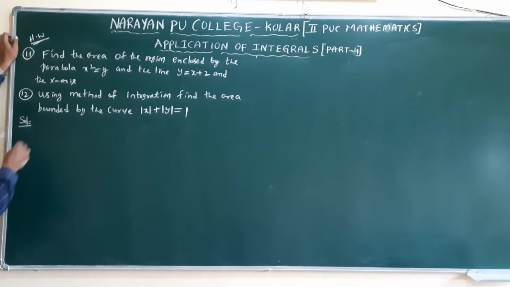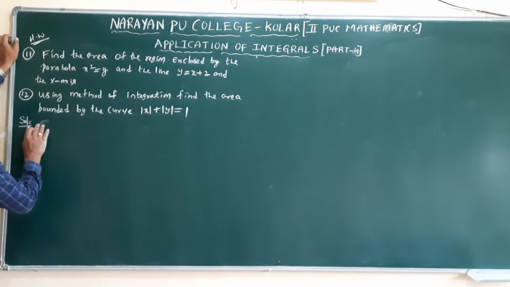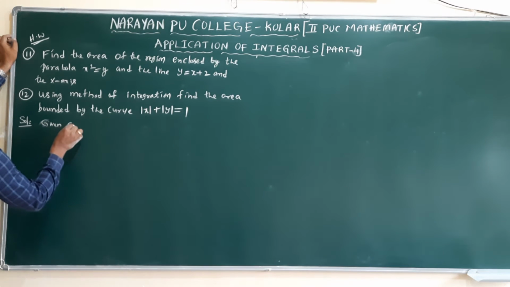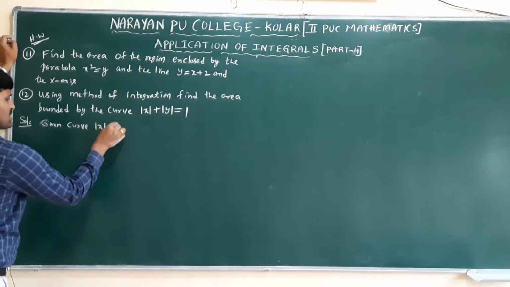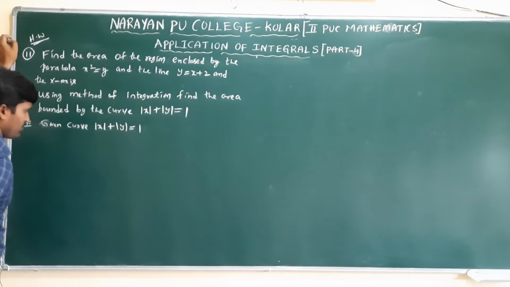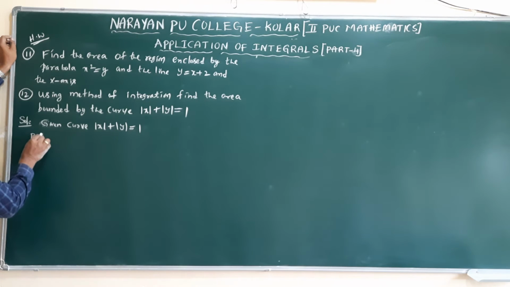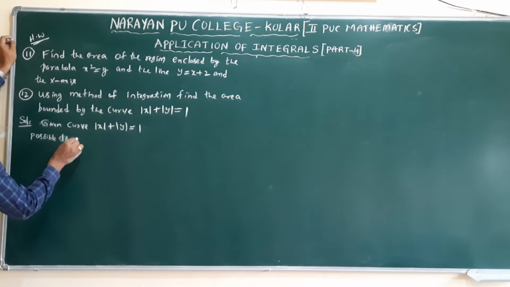What are the possibilities? The given curve is mod x plus mod y equal to 1. Now the possible curves are possible lines, because this is a line.